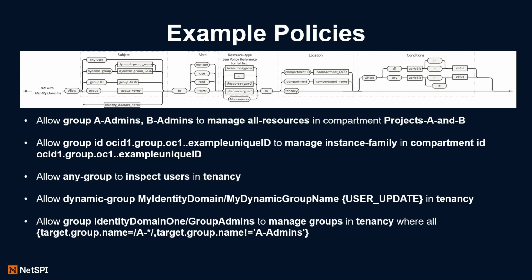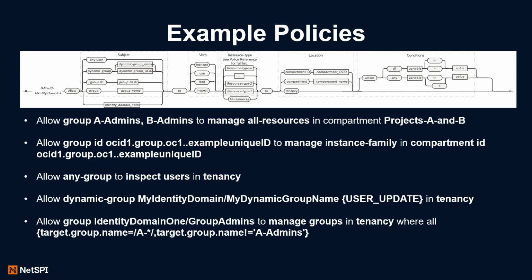And then that last one shows the identity domain prefix. I have a group called group admins, but group admins might exist in many different identity domains. So when you're specifying the group in the policy, you prepend it with identity domain 1 slash. If you ever see that kind of syntax, all it's saying is what identity domain that group is in.